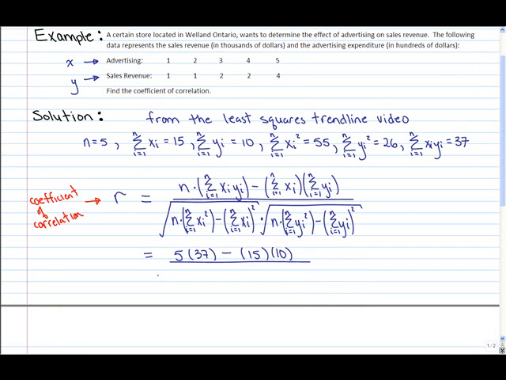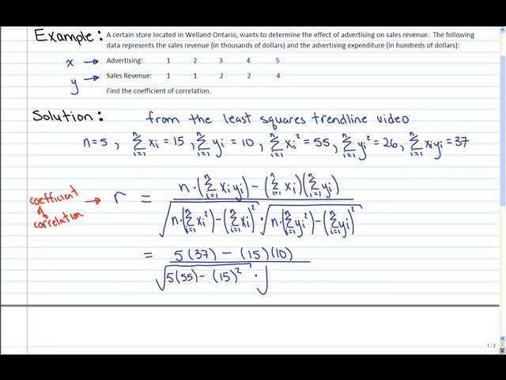And so this needs to be divided by the square root of n, which is 5, the sum of your x values squared, so that's the individual x values squared, would be 55, minus the sum of your x values then squared, so that would be your 15, and we would square that.